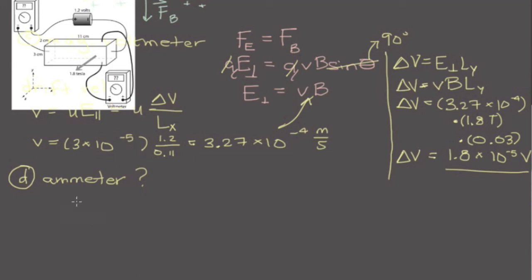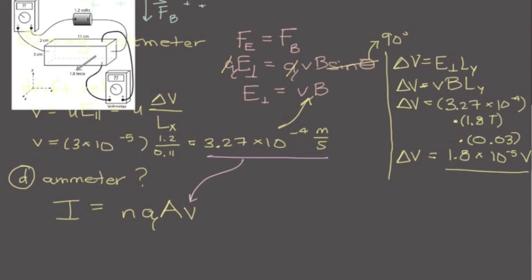I think that the easiest one is just saying that the current I is N, the charge density, times Q, whatever our charge is, times the cross-sectional area of the thing that it's traveling through, times V. Where again, V is this drift velocity that we've already found right here. This 3.27 times 10 to the negative 4. So that's going to go in here.